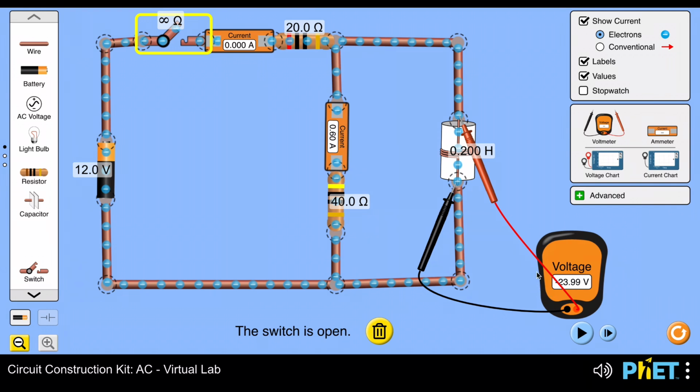And if you notice, the back EMF generated by the inductor is consistent with Ohm's law. If this is our resistor, which is 40 ohms, and the current that flows through the resistor is 0.6 amperes, then the voltage across the inductor should be about 24 volts.